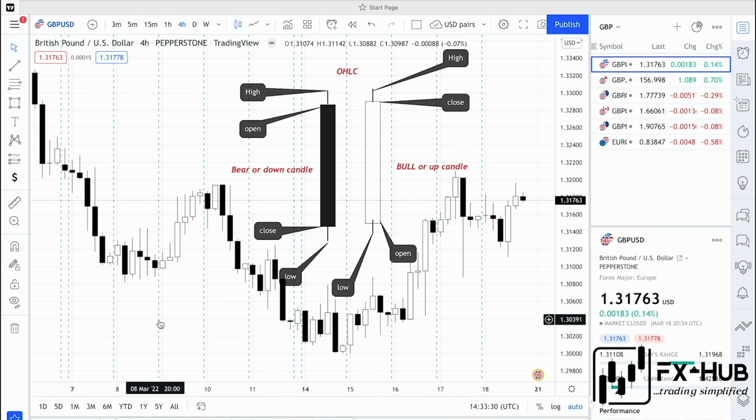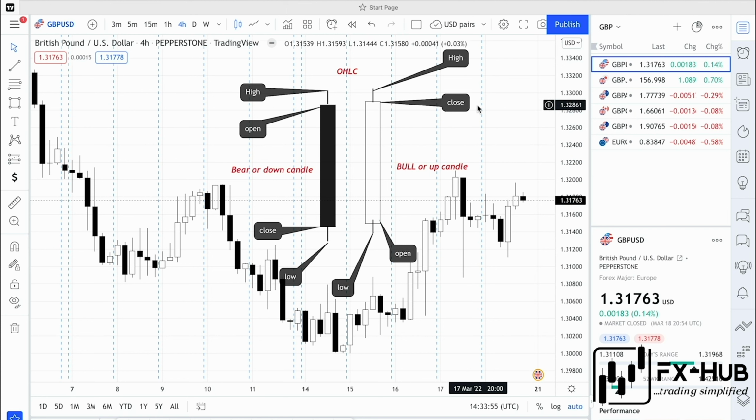Let me go through the bull and the bear candle. On this chart, my bull candle is represented as white, and my bear candle is represented as black. On a bull candle, the open is below and the close is above, meaning a bull candle opens below and closes above.